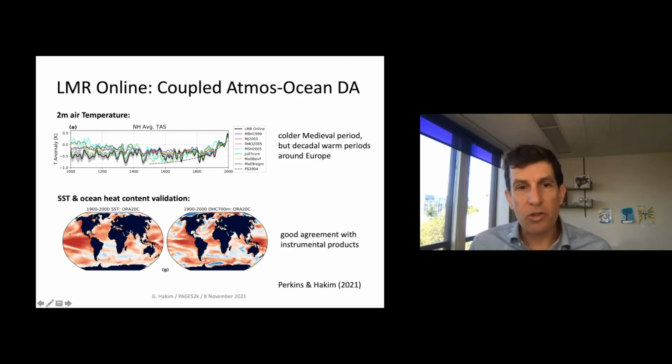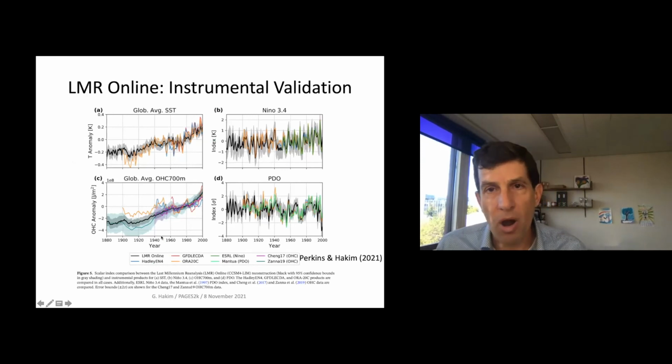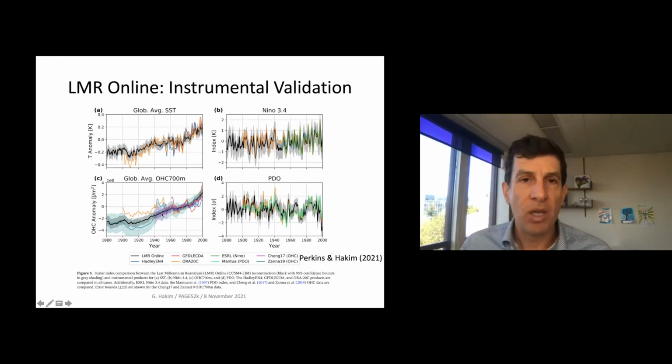The bottom two panels show you validation against instrumental reanalysis products. This is the 20C validation of sea surface temperature on the left and upper 700 meter ocean heat content on the right. And the reds indicate that there's broad agreement between what we're getting with the LMR online and those instrumental quantities. That's also brought out here, again comparing with these quantities of interest: global SST, Nino 3.4, the Pacific decadal oscillation, and especially the upper ocean heat content.